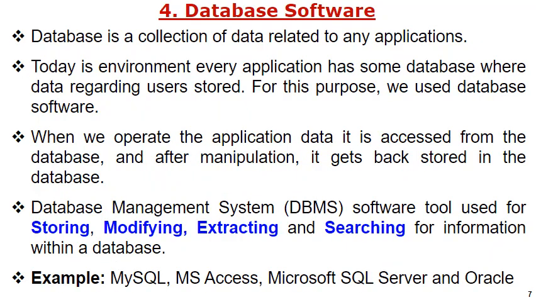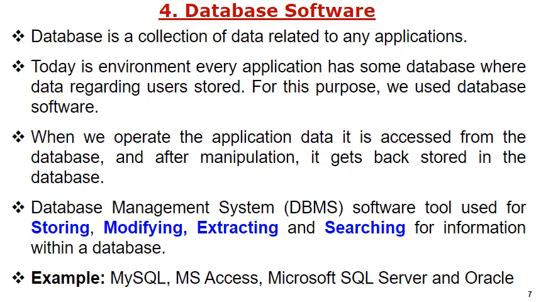Now come to the fourth category of application software, known as database software. I have already told you, and I am repeating, that a database is a collection of data related to an application. Suppose an application takes input from users, manipulates that data, and stores it for future purposes.